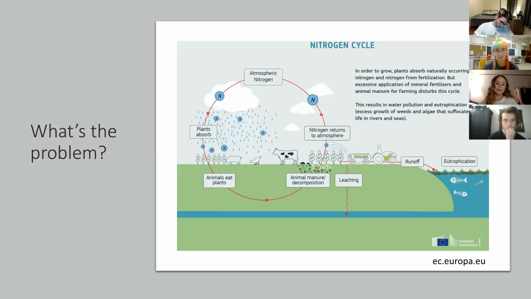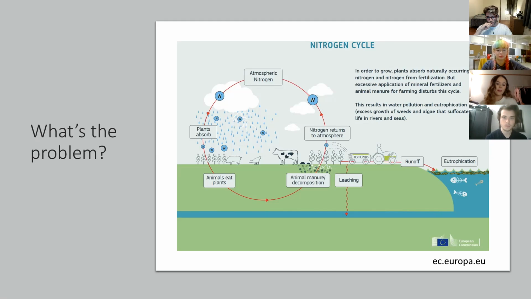What happens is when we put these fertilizers onto the land, they get washed away with precipitation as runoff into our coastal and estuarine areas. I've not shown it on this diagram, but we also have sewage and manure that are large sources of nitrogen that we contribute to, and these also contribute along with fertilizers to excess nitrogen in the environment.